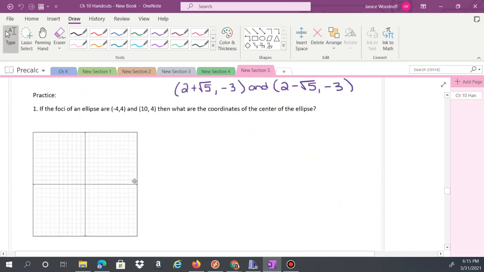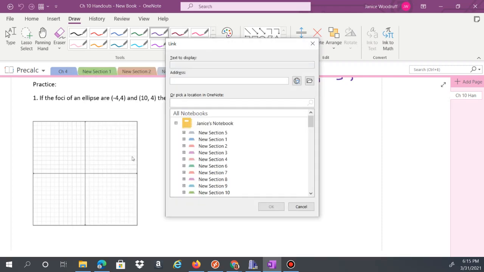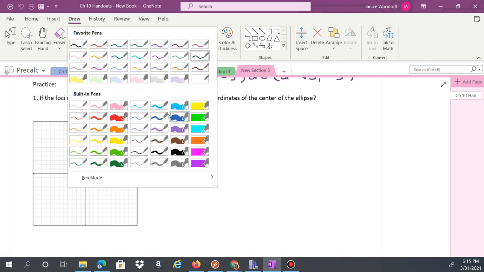Okay, so the first one, we're given the foci and we want the coordinates of the center. What I would do is graph it and count. So you've got, let's see, -4, 4. 1, 2, 3, 4, 1, 2, 3, 4. Now I lost it. Let me get a thicker pen so it'll actually do this for me.